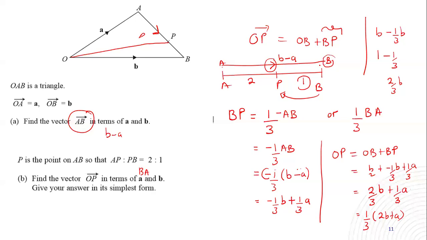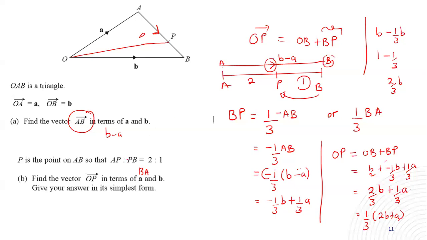I was asking on where you have said OB, then BP. How does it come that there are 3 parts? How does it come that there are 3 parts here on the ratio?